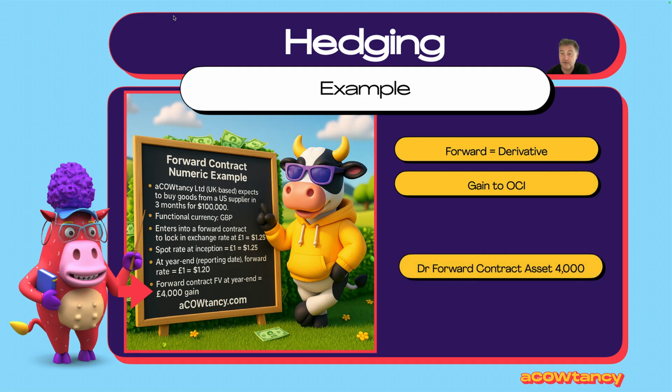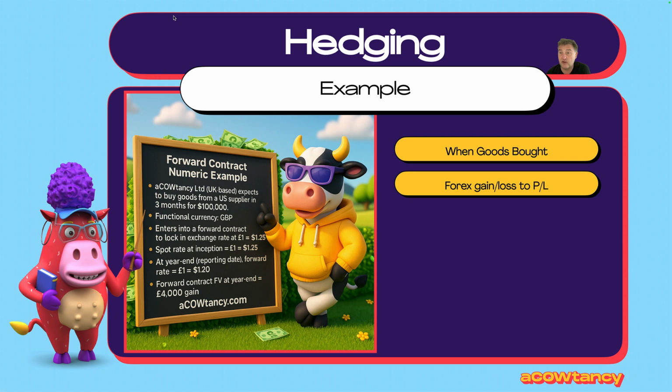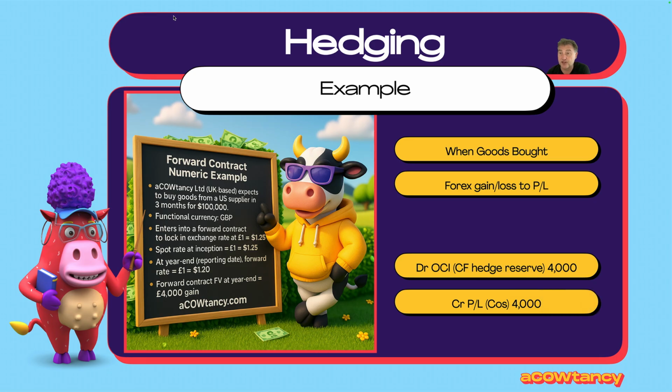So literally debit forward contract asset because it's made a gain, credit the OCI with it, 4,000. And then eventually, in 3 months' time, when the goods are bought, the exchange rate will have moved either in our favour or not, and that will go to the P&L, and everything that we had in the OCI will also get taken out of the OCI, debit it, and credit it to the P&L, and that's it.